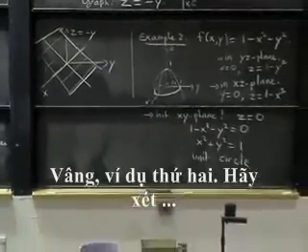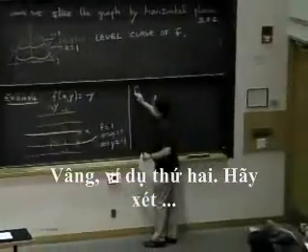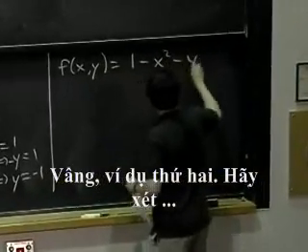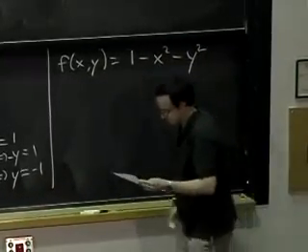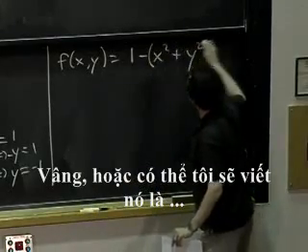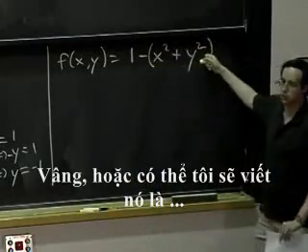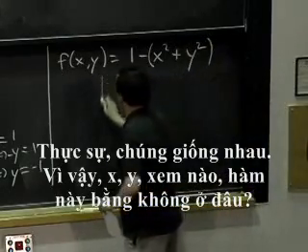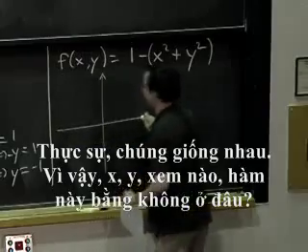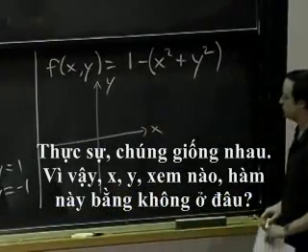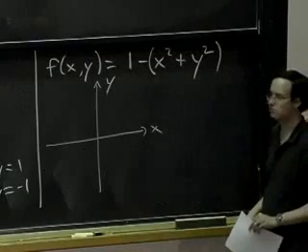Okay. Second example, let's do 1 minus x squared minus y squared. Or maybe I'll rewrite it as 1 minus x squared plus y squared. It's really the same thing. Let's see, where is this function equal to 0?